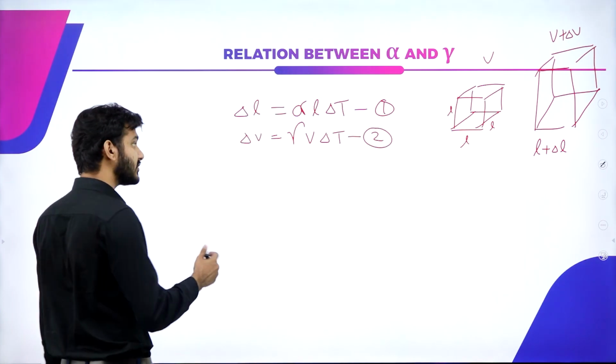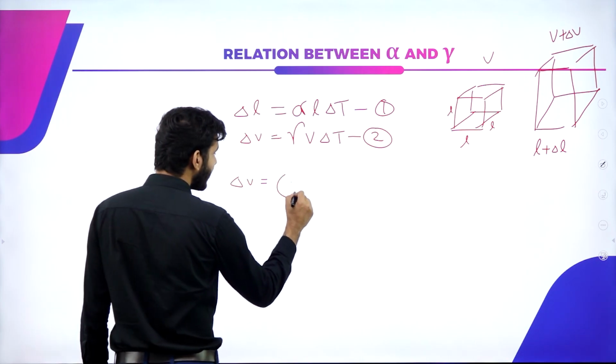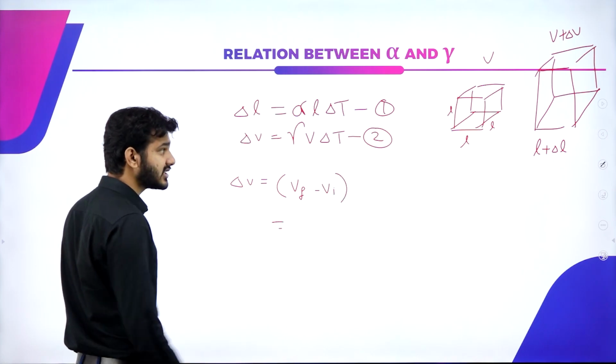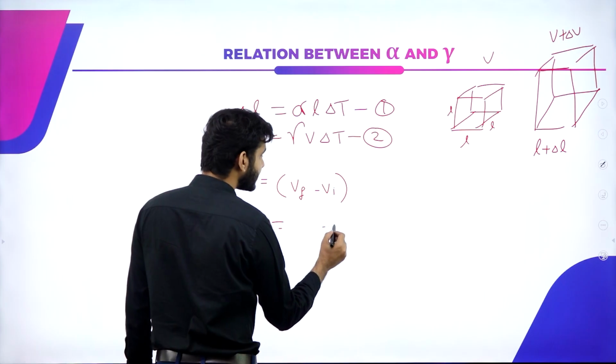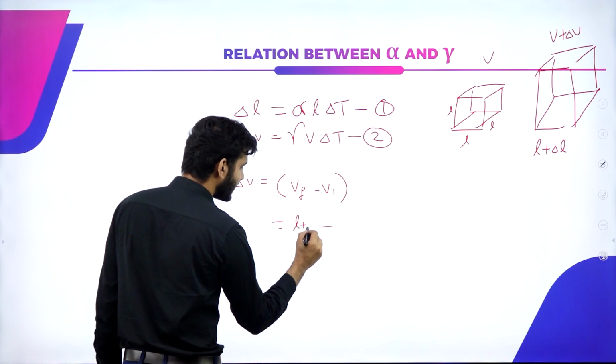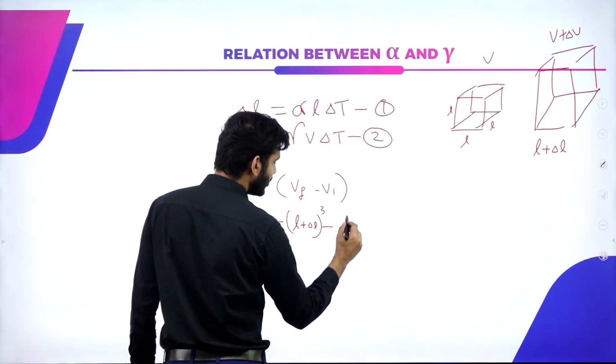And again the same procedure: delta V is the change in volume, final volume minus initial volume, where the final volume is L plus delta L whole cube, minus L cube.